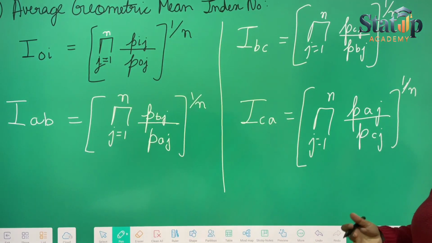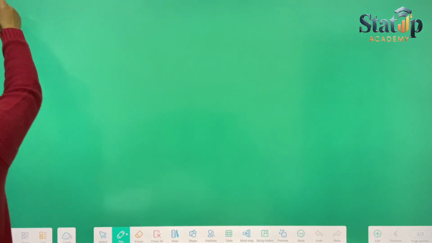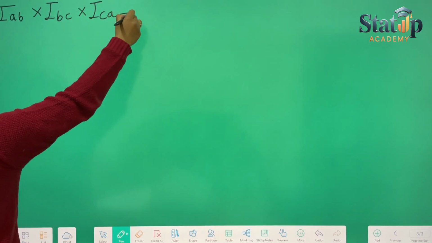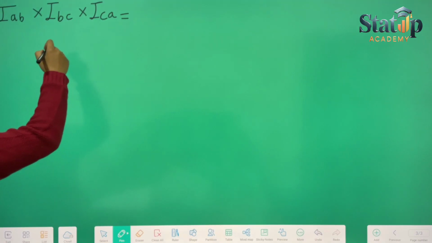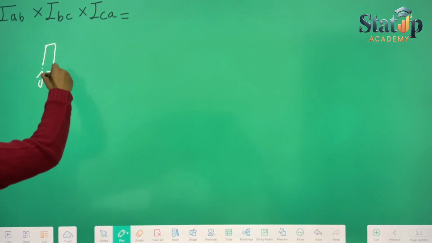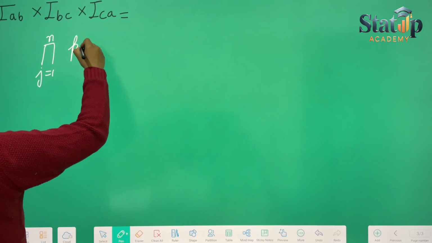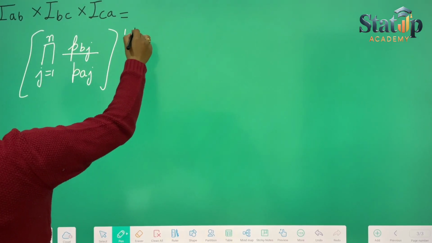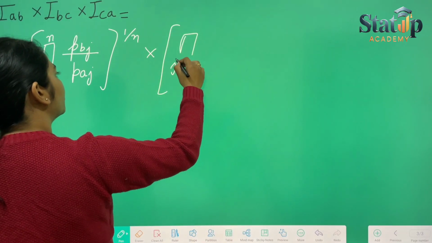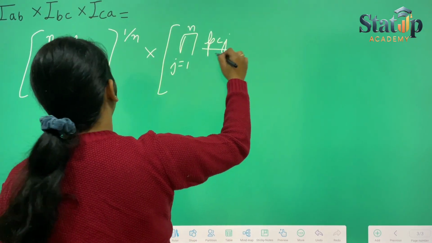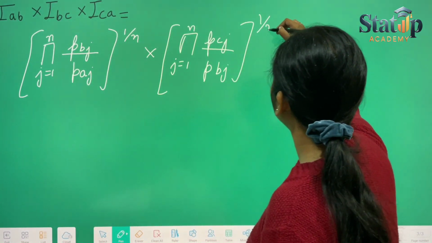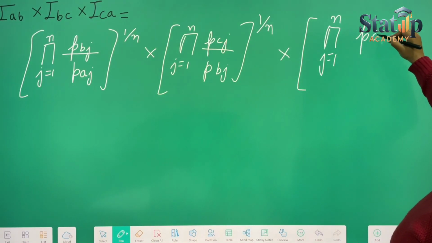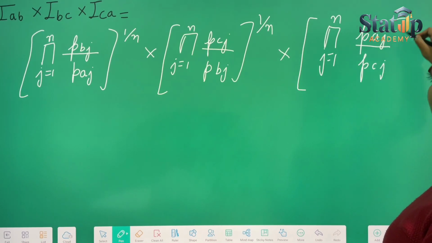Now, if we multiply all three of them, IAB into IBC into ICA, this would be product j goes from 1 to n, PBJ upon PAJ raised to the power 1 by n, into product j goes from 1 to n, PCJ upon PBJ raised to the power 1 upon n, into product j goes from 1 to n, PAJ upon PCJ raised to the power 1 upon n.